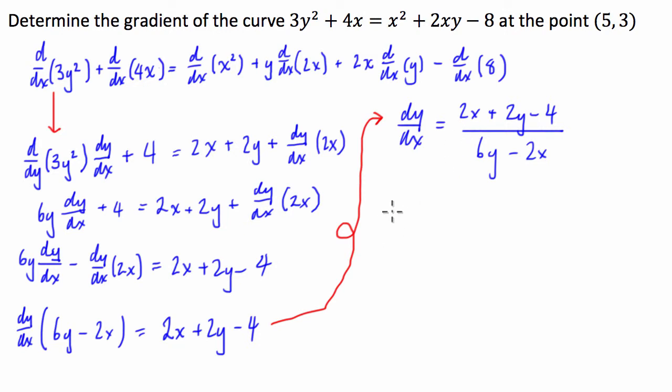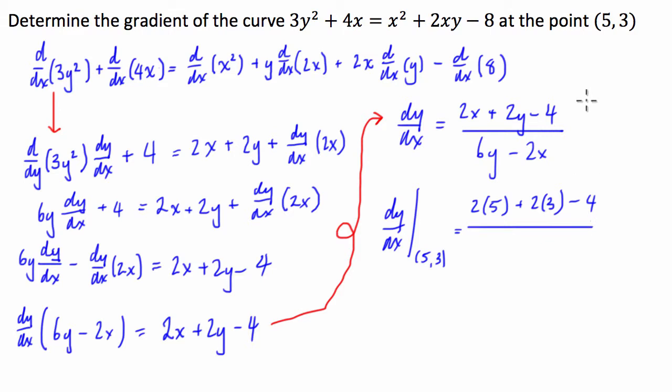Then we're going to evaluate this derivative at (5, 3), which is equal to 2 times 5 plus 2 times 3 minus 4, divided by 6 times 3 minus 2 times 5.